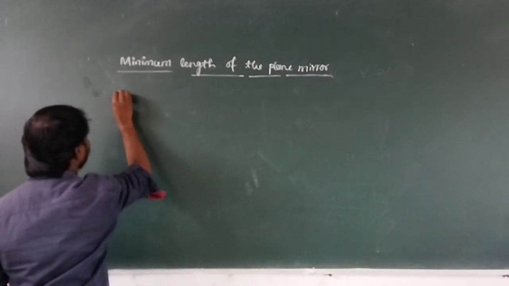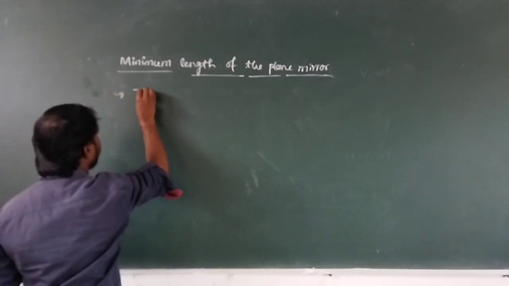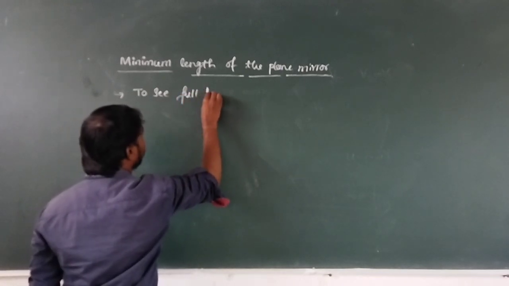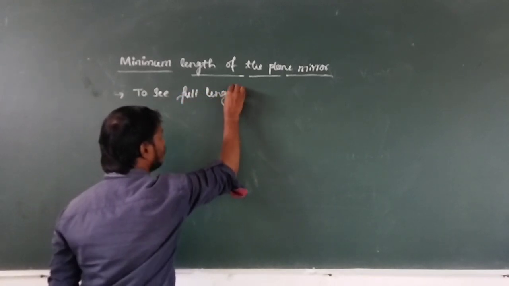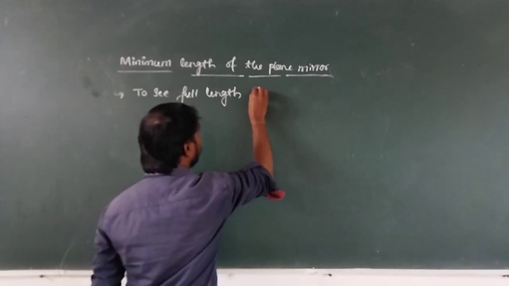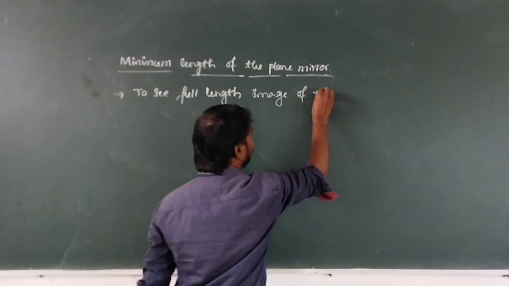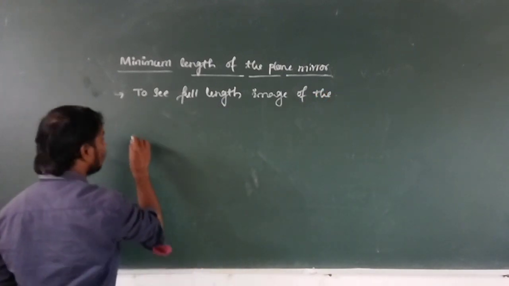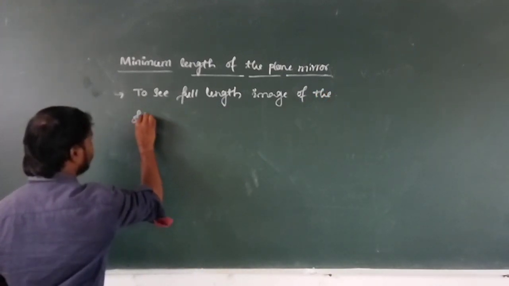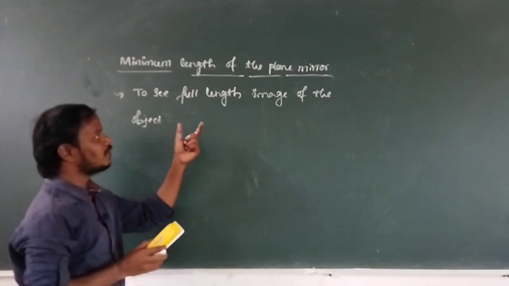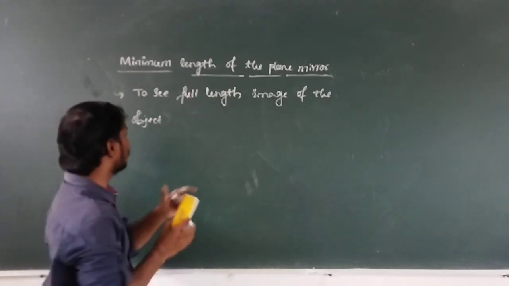First case, to see full length image of the object. So what is the minimum length of the plane mirror required to see the full length image of the object?